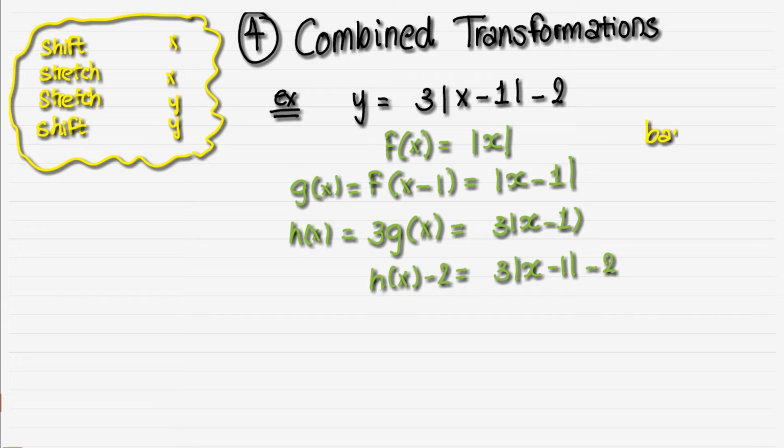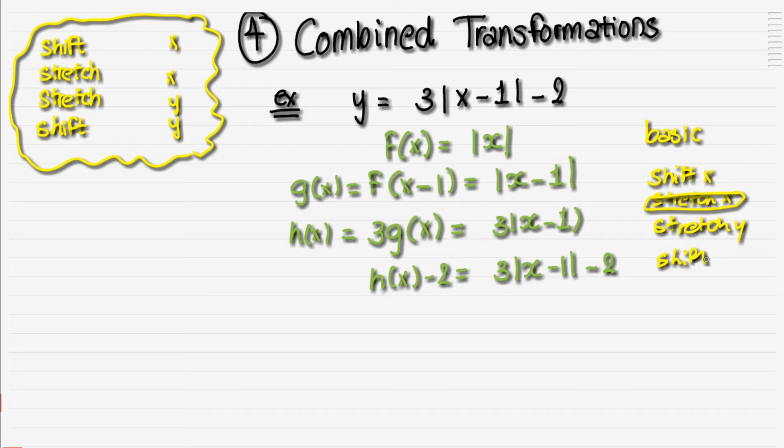Now you saw what we did here is that we found the basic function, and then we did the shift on x, and then we saw that there is no stretch on x, and then we did the stretch on y, and then we did the shift on y. We followed the order and we did it.